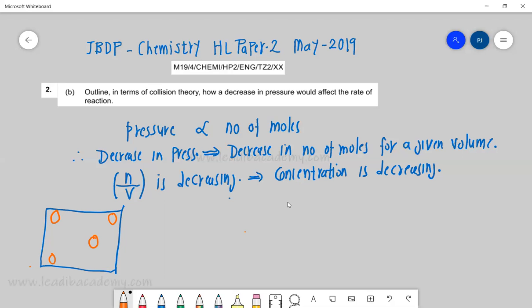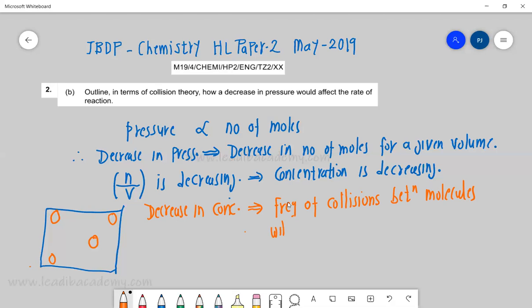Because of this decrease in concentration, the frequency of collisions between molecules will decrease.